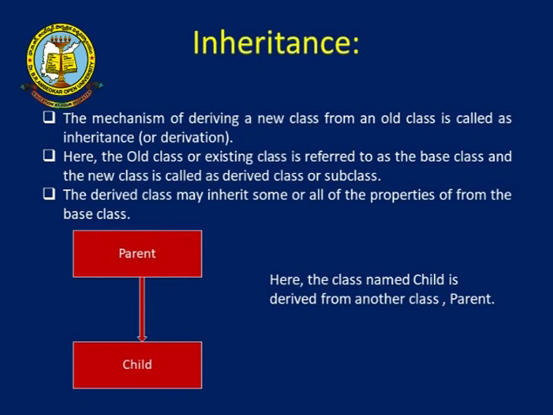If the parent class contains any members and properties, those can be inherited into the child class with the help of this inheritance mechanism. Here we can avoid rewriting the code, so we can simply use the existing code. That is the main objective of the inheritance mechanism.